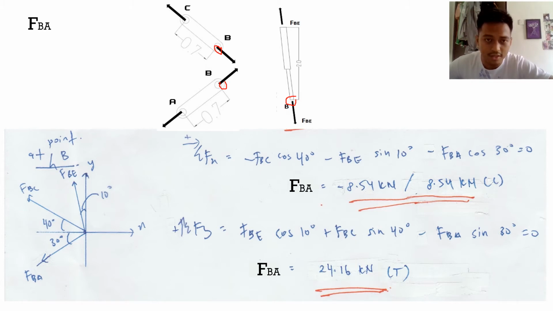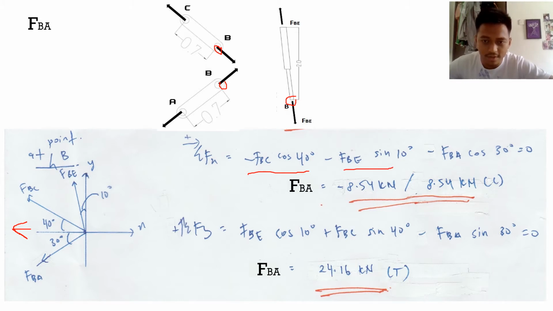The force is going outward, and FBA going outward from the point. Okay, now let's move to the X component at point B. Here, as we can see, negative FBC cos 40 because FBC is going to the left, the tendency of the X component of FBC is going to the left.